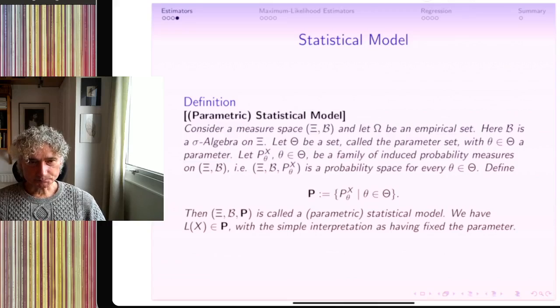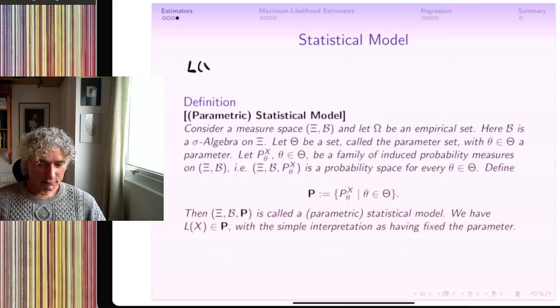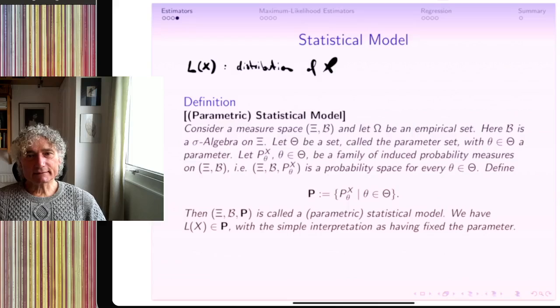And now we want to know something about the distribution of X, so about L of X. That was our notation in the previous slide. Of course, we don't know L of X, but we want to infer it from the data.